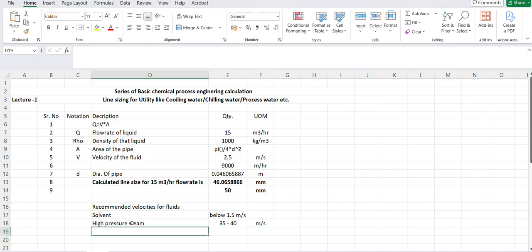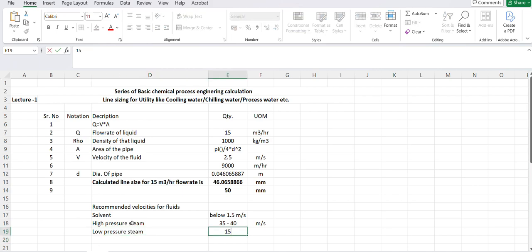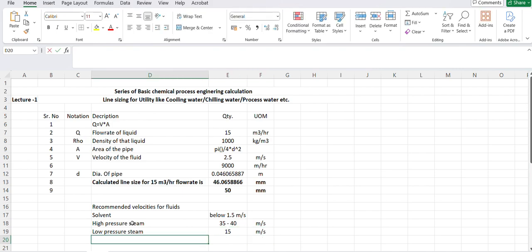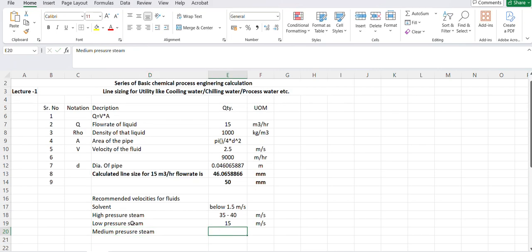For low pressure steam, consider 15 meter per second, and medium pressure steam, consider 25 to 30 meter per second.